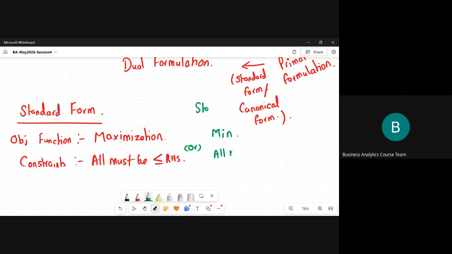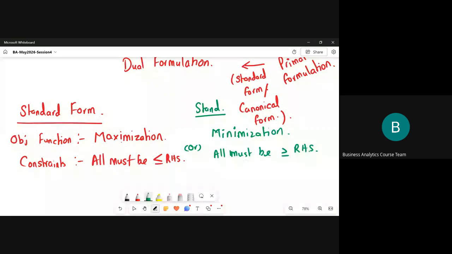This is also a standard form where the objective function is minimization and all constraints must be greater than or equal to RHS. So it has the standard form.